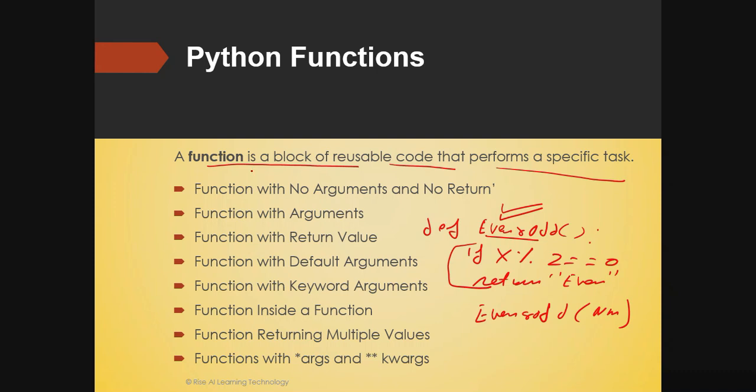Okay, so we can declare different types of methods. There are methods which take no arguments and do not return anything. The job of that method is to just do some operations. Suppose instead of returning and taking any input, I simply say the job of this method is to find even numbers up to 10.